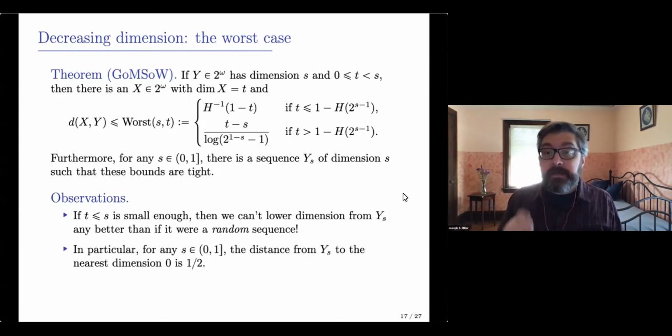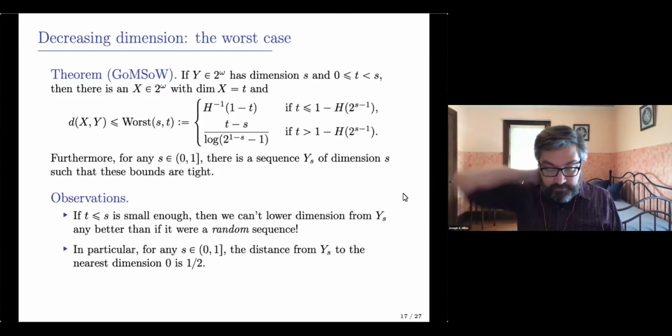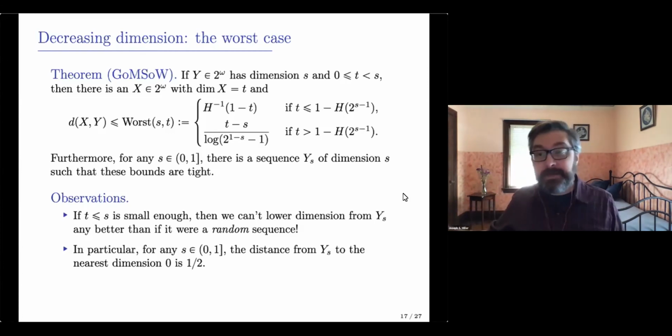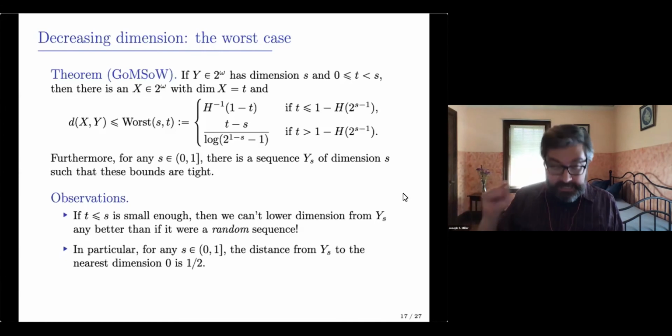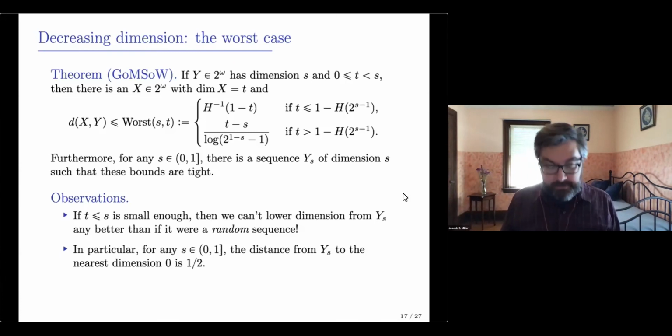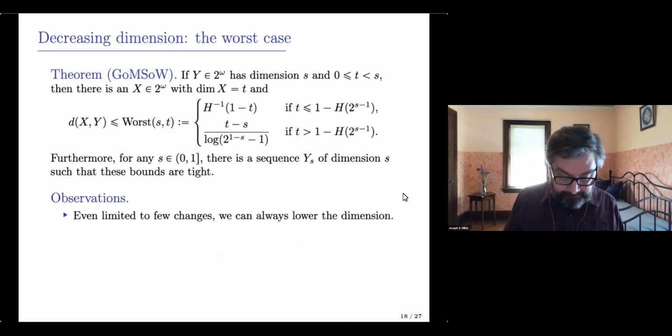In particular, and this is what's kind of striking for me, the distance from y sub s to the nearest dimension 0 is 1/2. You can always get to a dimension 0 by changing half of the bits. And here, y sub s is so redundantly coded that you have to change half the bits to get to a dimension 0. Okay, that was a little surprising to me.